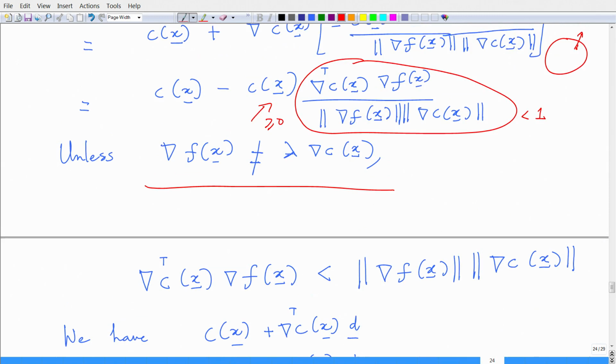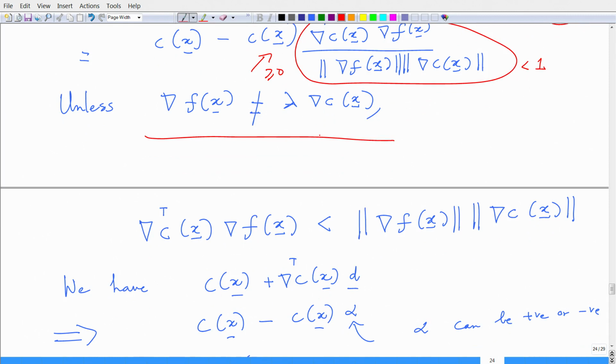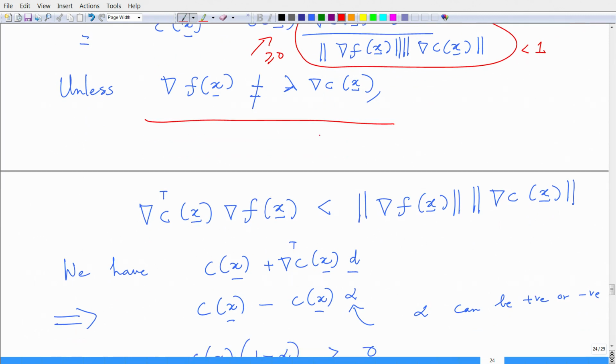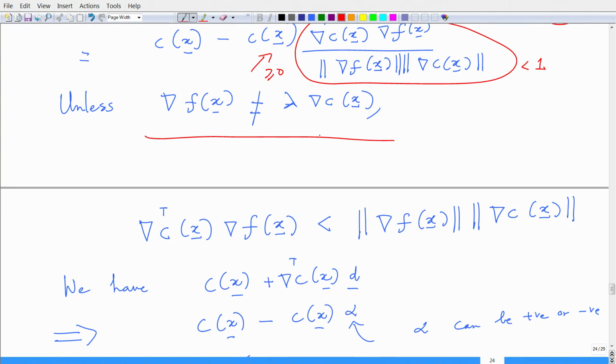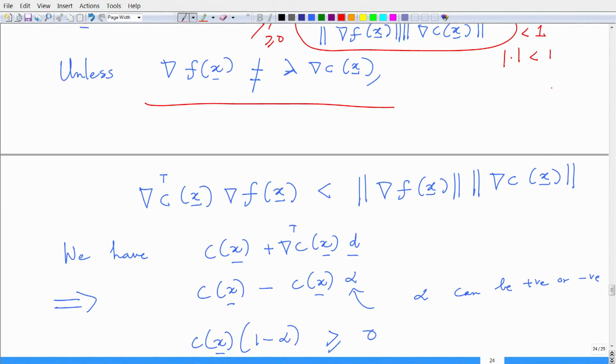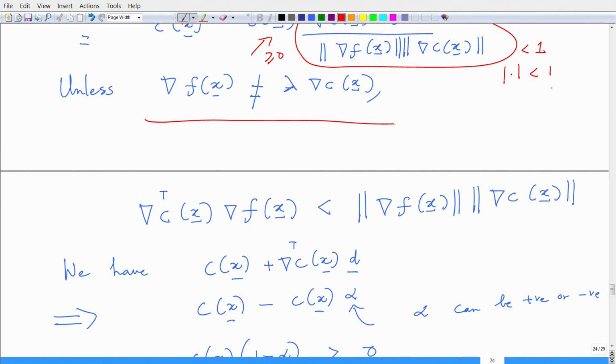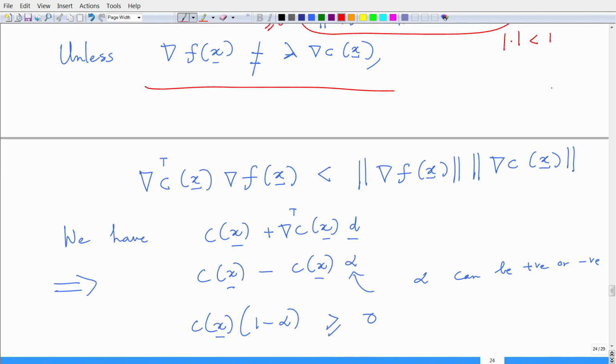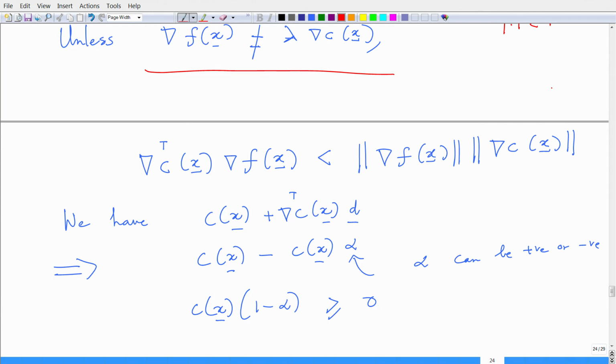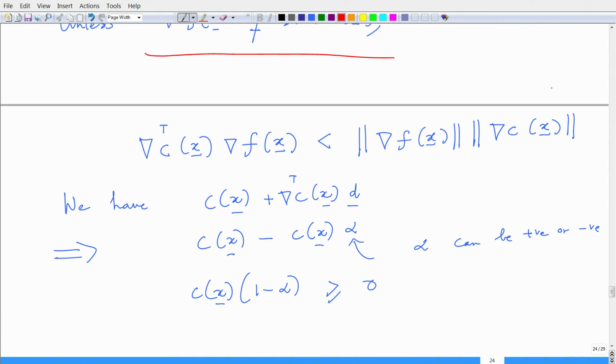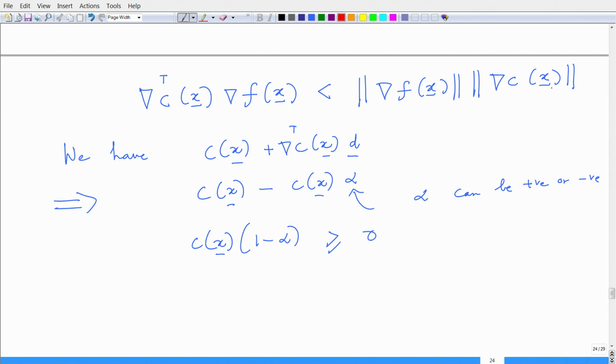This whole quantity that I have circled in red evaluates to some alpha which can be positive or negative, but in absolute value is strictly less than 1. What I have here is C of x minus C of x times alpha, where alpha can be positive or negative, but the absolute value is less than 1. We simplify this as C of x times 1 minus alpha.